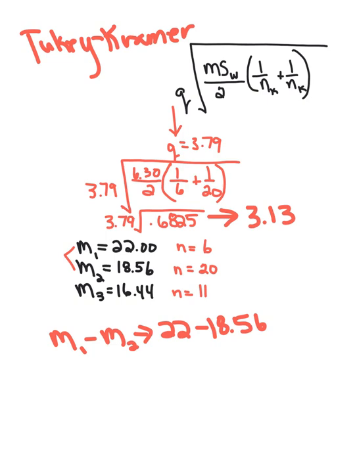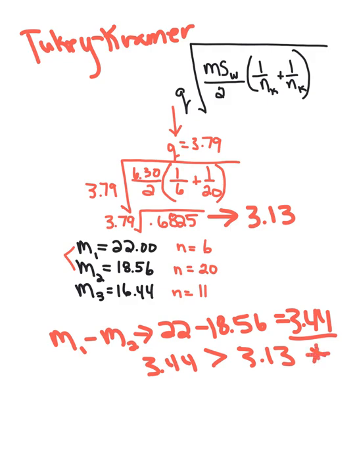And if I go 22 minus 18.56, that is equal to 3.44, right? So 3.44 is the difference. Well, 3.44 is larger than 3.13. So we have significance between group 1 and group 2.